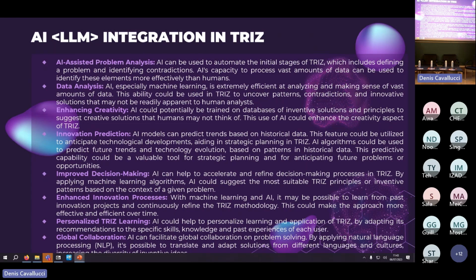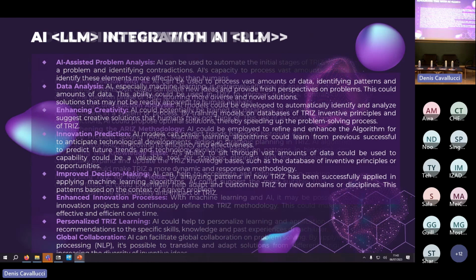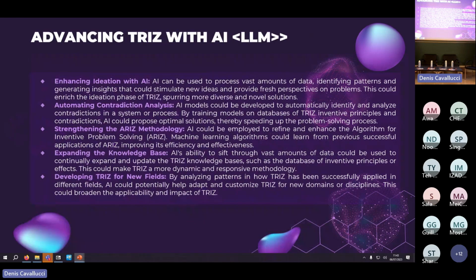We can explore beside other, let's say, maybe more expected areas of exploitation, but also how we can advance with AI in order to enhance the ideation or automate contradiction analysis, even strengthening the ARIZ methodology, expanding the knowledge base, and including TRIZ or developing TRIZ for new fields.